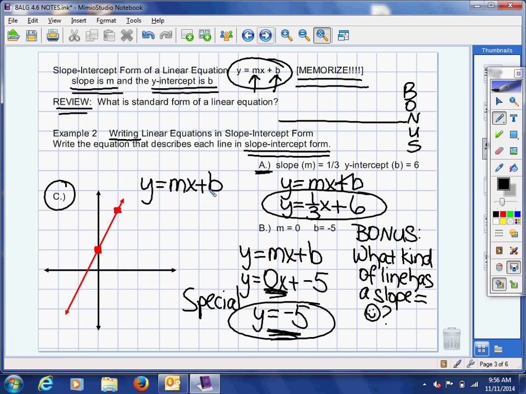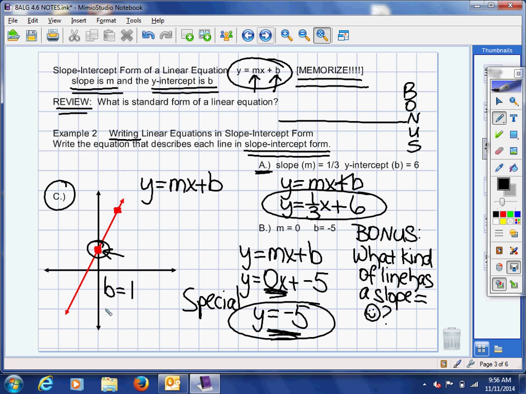We know that we have this point, and what's special about that point that I just drew an arrow to? What's special about that point right there? If you said that it is the y-intercept, you are exactly right. So yes, b equals +1. We could see that right away.